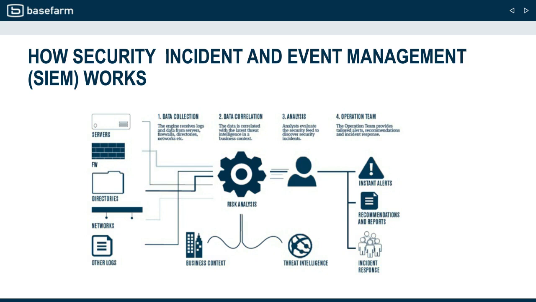While threat intelligence can be things such as known bad IP numbers, known bad attack signatures, and other types of threat intelligence, and different types of indicators of compromise.